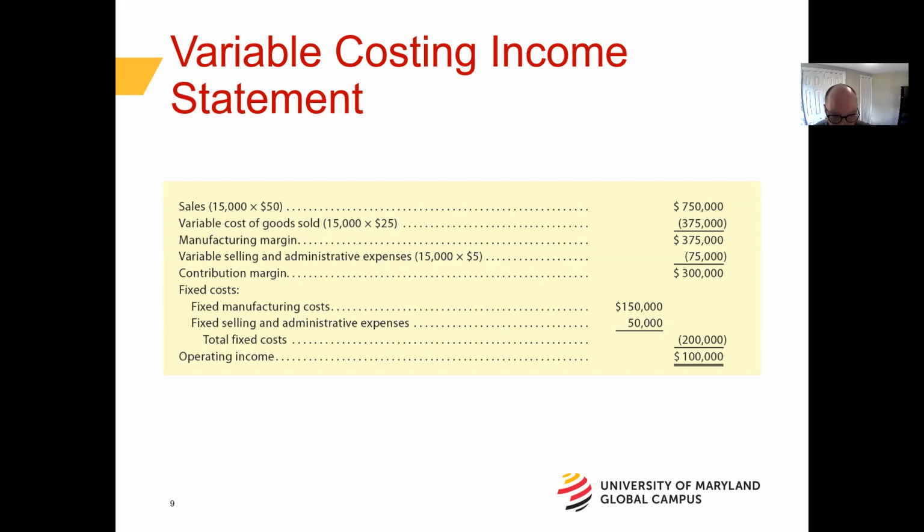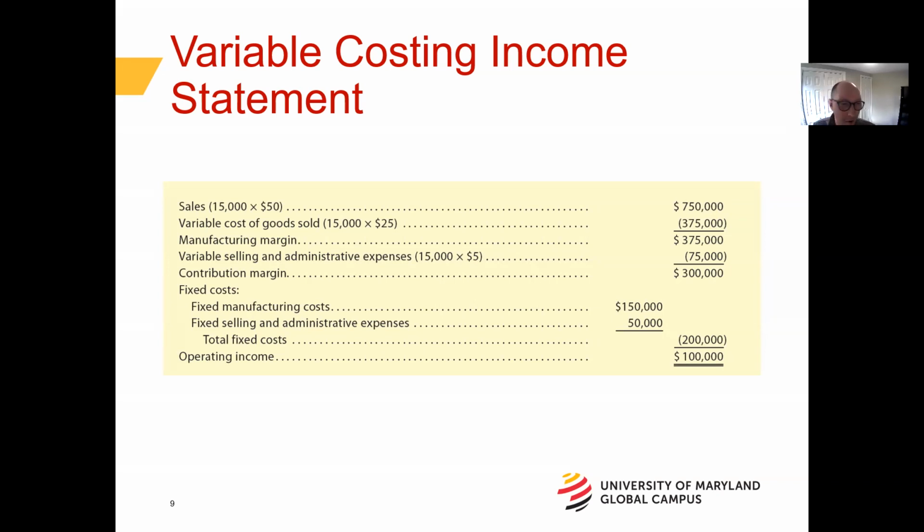Now, you might be wondering, why would somebody want to do that? Why would somebody want to report the separation between variable and fixed costs in order to achieve a higher contribution margin?